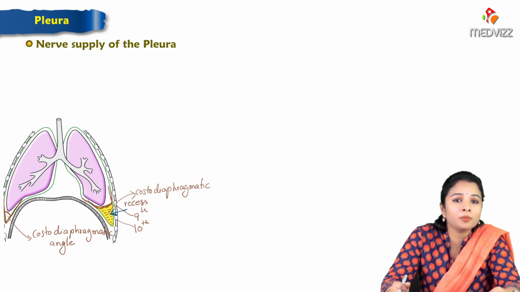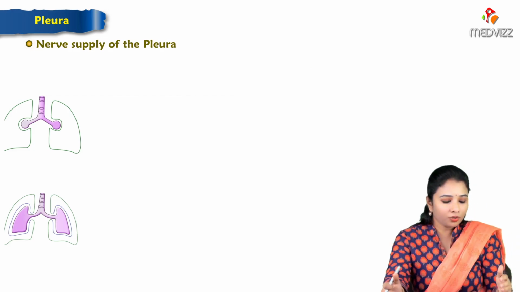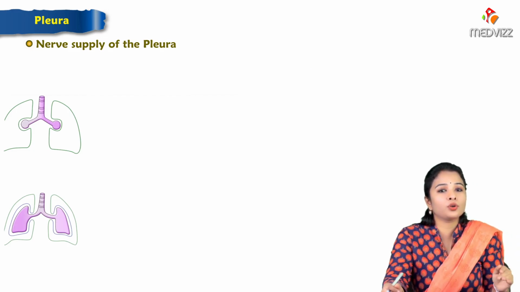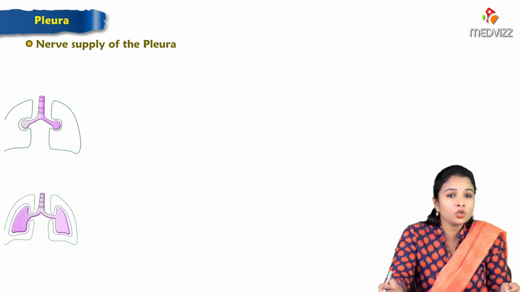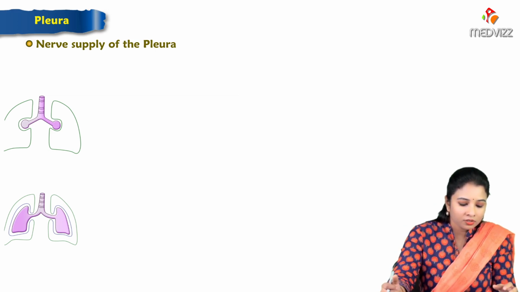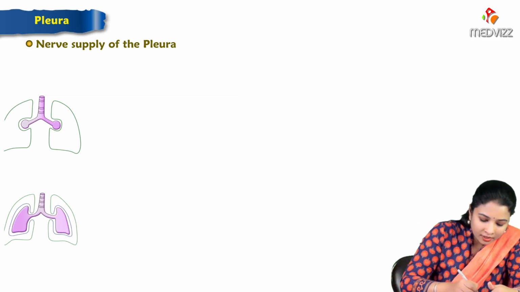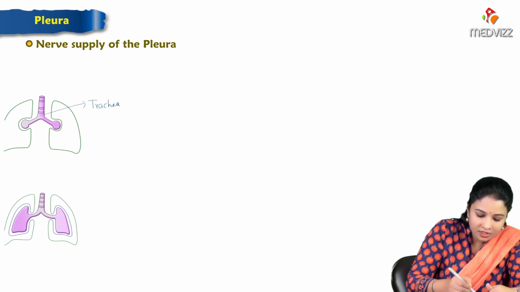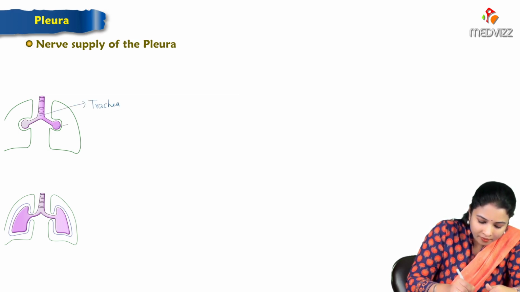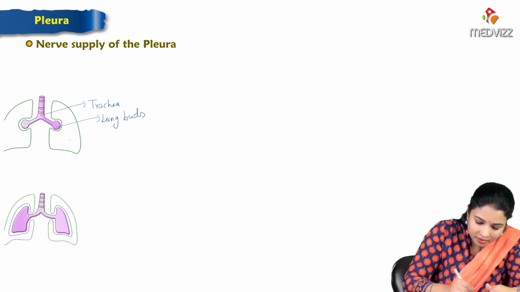Next, about the nerve supply of pleura. Before going into the nerve supply, I just want to add a note on the development of the pleura. So the pleura develops like this. This is the developing trachea, where we can see lung buds on each side. This is the pleural cavity.